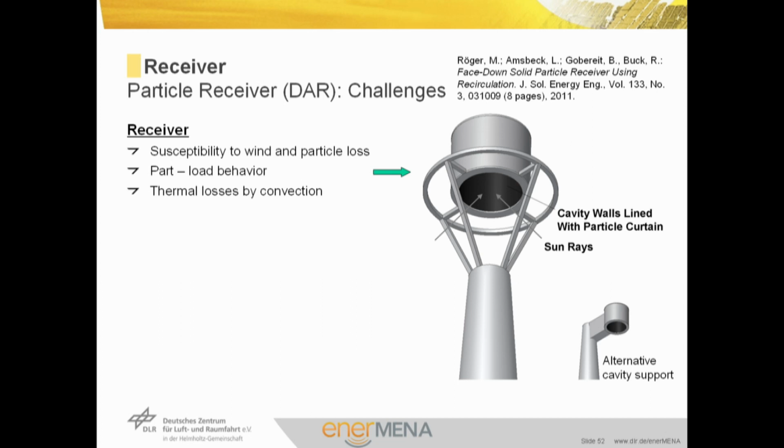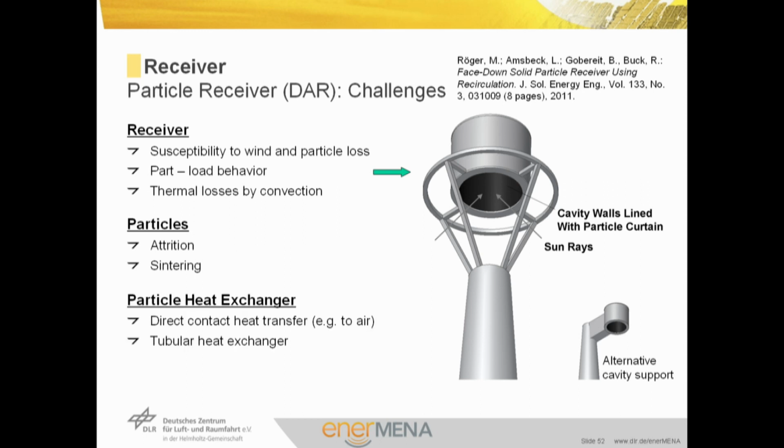Better part load behavior could be achieved by recirculating of particles. But also, attrition and sintering of particles must be tackled and could be solved by particle engineering. And the particle heat exchanger is an issue.